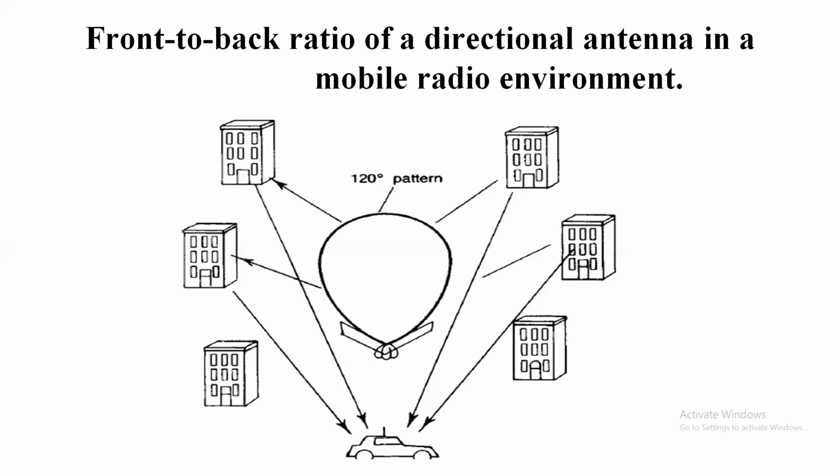In the same way, for a 120 degrees directional antenna, as shown in the figure, the back lobe is about 10 decibels less than the front lobe, right? These are certain considerations in the mobile radio environment.